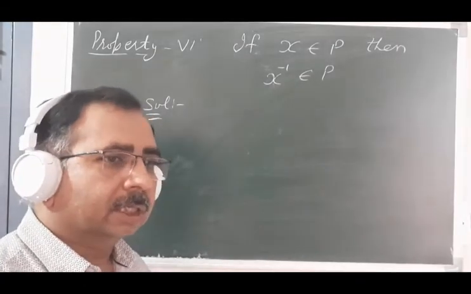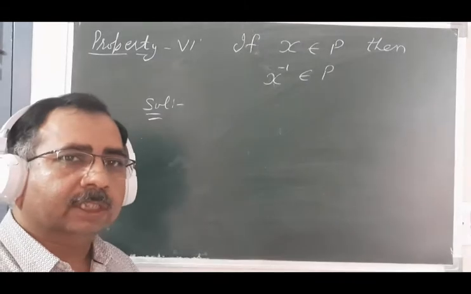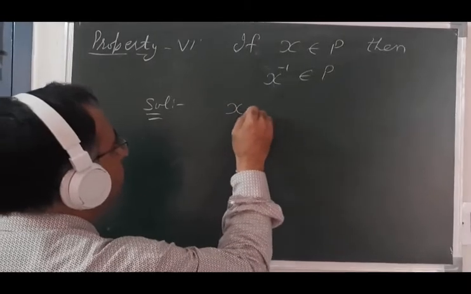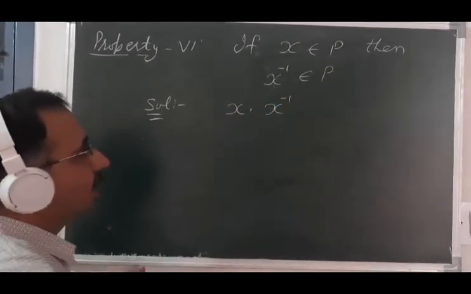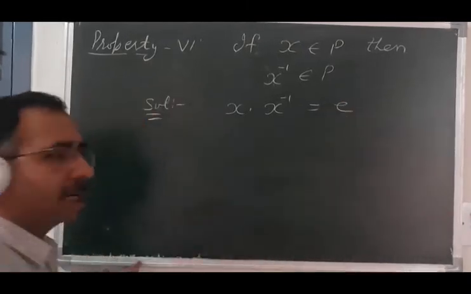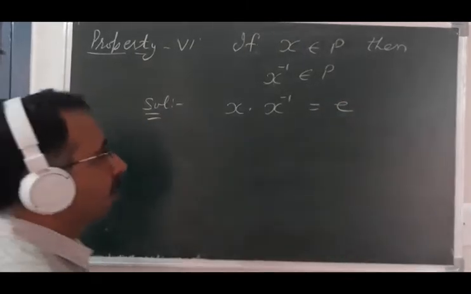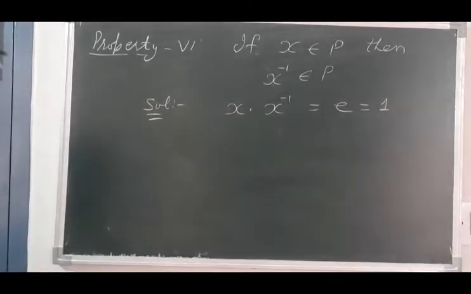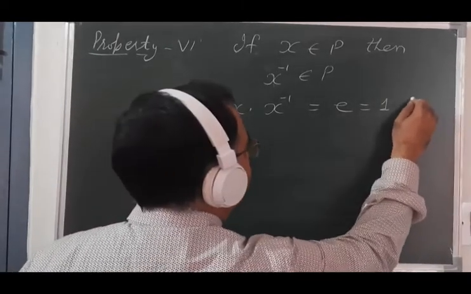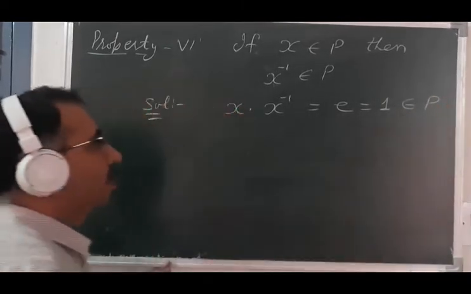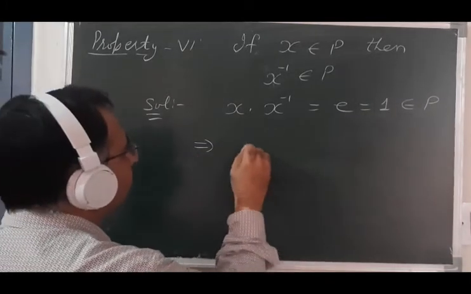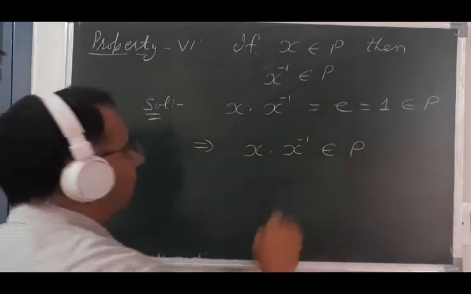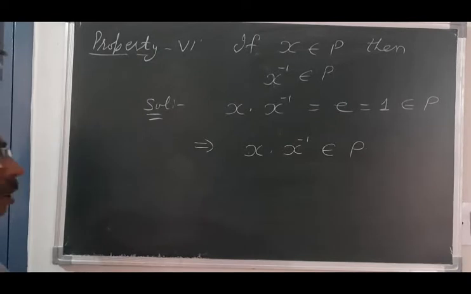So by our axioms of yesterday, axioms of multiplication, we know that x times its multiplicative inverse is the identity element of set of real numbers. But for set of real numbers, that identity element is 1. And we have just shown that this 1 is a positive number. So that is now x times x inverse is a positive number.